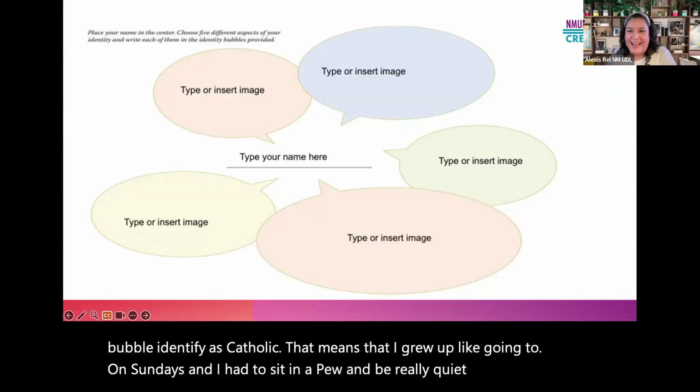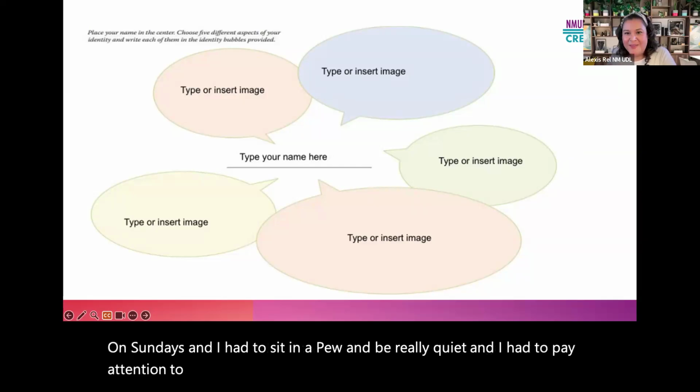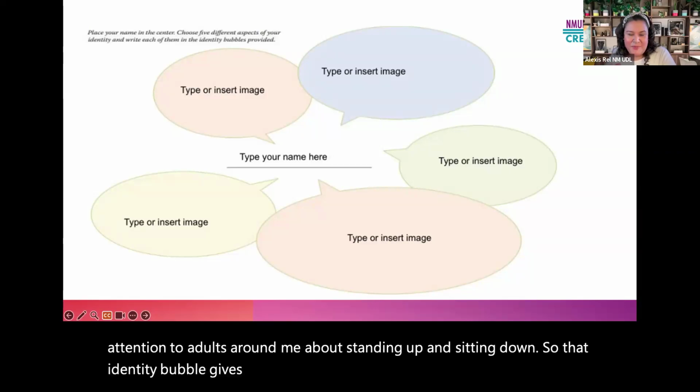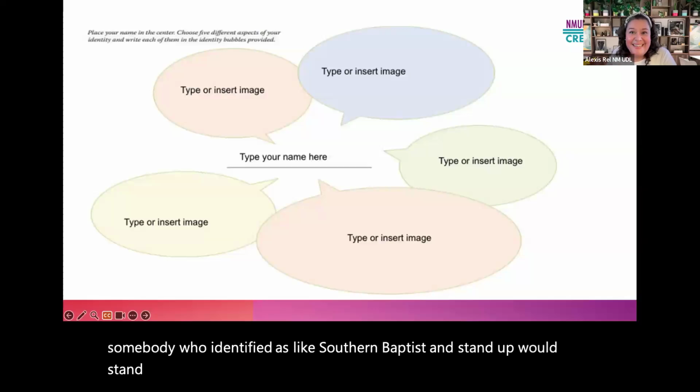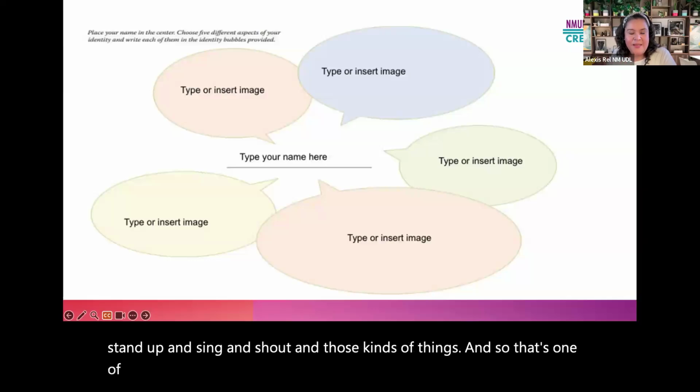I had to pay attention to adults around me about standing up and sitting down. So that identity bubble gives me some different experiences than maybe somebody who identified as Southern Baptist and would stand up and sing and shout and those kinds of things.